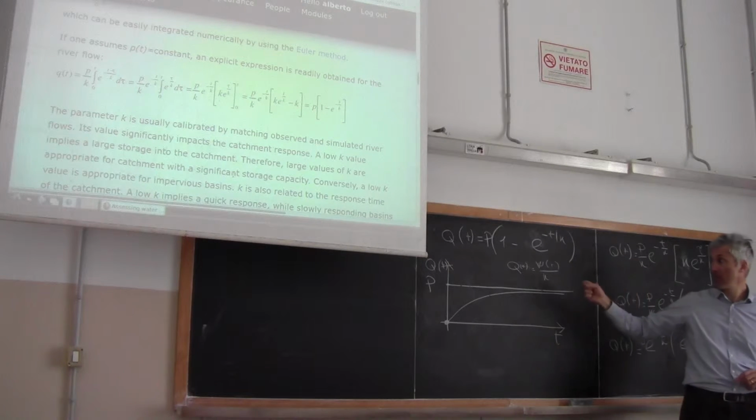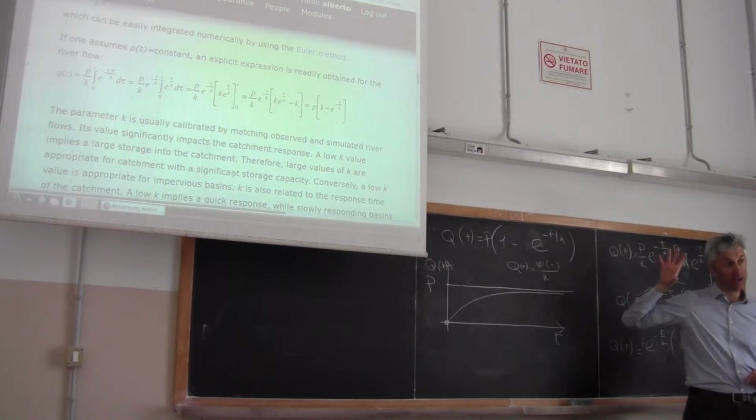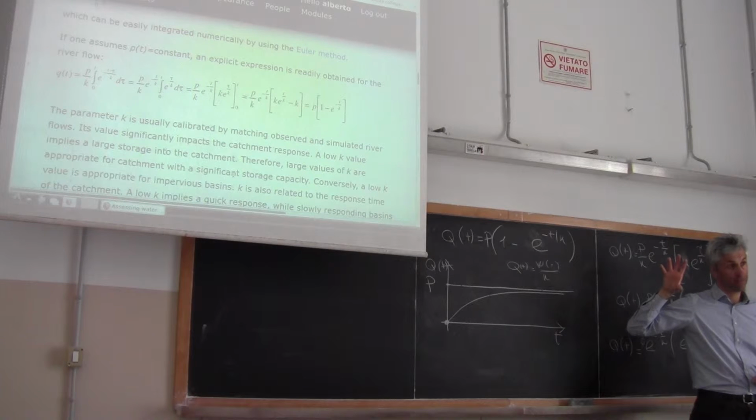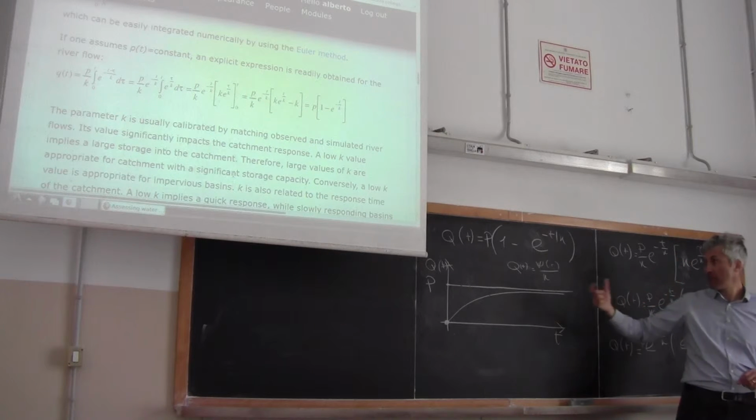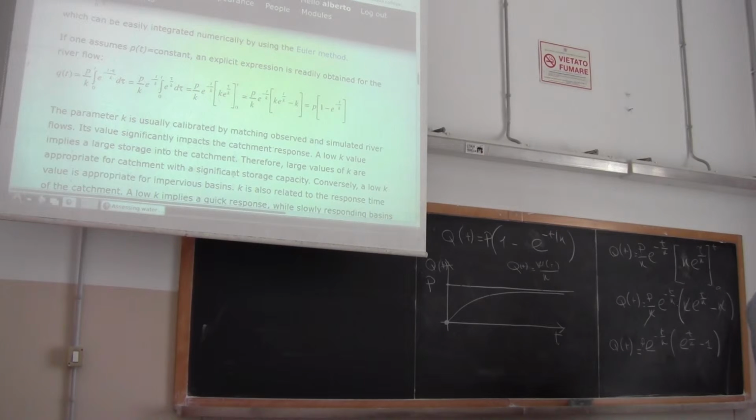On the other hand, it means that storage attains a higher value. So increasing K means that the catchment is capable of storing water, and means that the river flow is then decreased. This is a situation that we may like, because it means that the catchment has two behaviors.